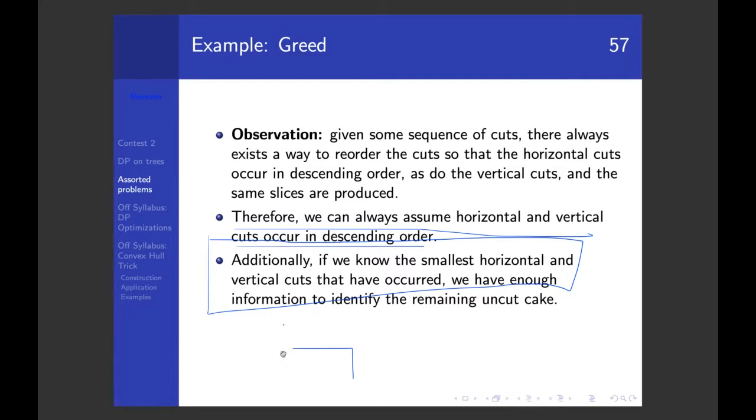Since we can only cut from the bottom and the sides, and because we're assuming our cuts occur in this order and this order, if we know this cut here, that is the lowest horizontal cut, sorry, and this cut here, the leftmost vertical cut, the remaining real estate we can cut in is just this here, which means we can describe our state by our last horizontal cut and last vertical cut.